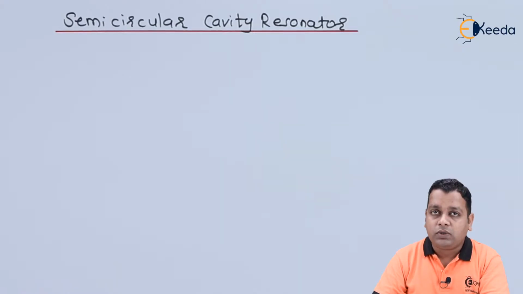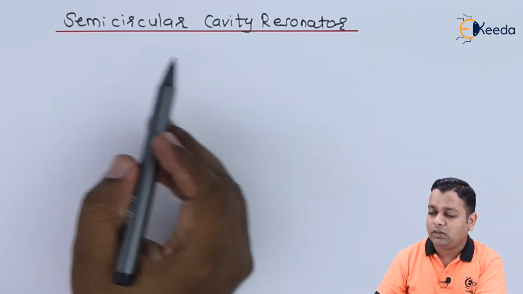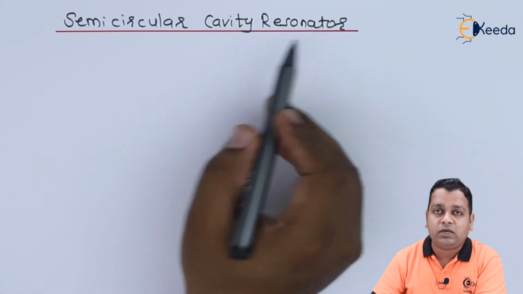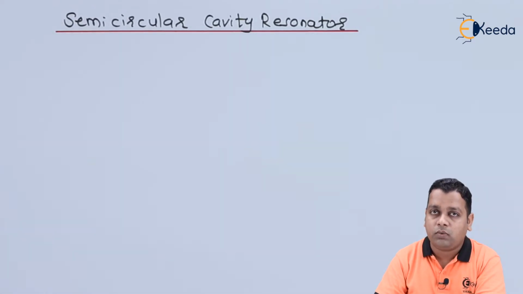So here we start with our topic, semicircular cavity resonator. As just now made very clear, the name of the cavity resonator or the waveguide, whatever you talk about, is with respect to the shape of the cross section. In the rectangular cavity resonator or rectangular waveguide, the cross section is of rectangular shape.